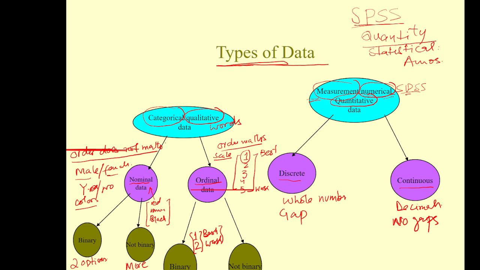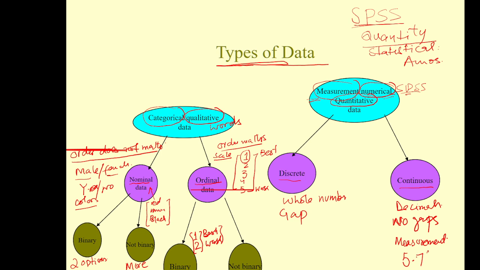Whereas continuous is usually a measurement. So if you ask someone how much is your height, you can measure that height with a tape and say 5 feet 7 inches, right?